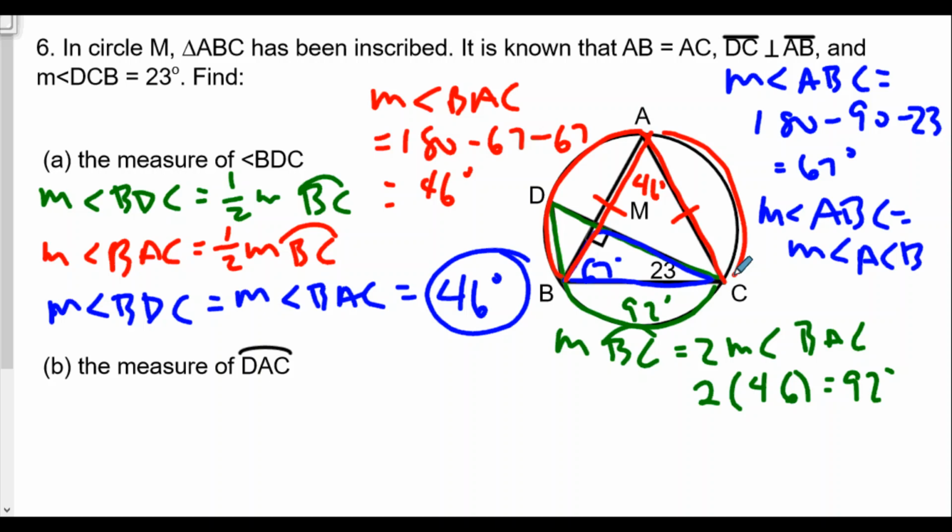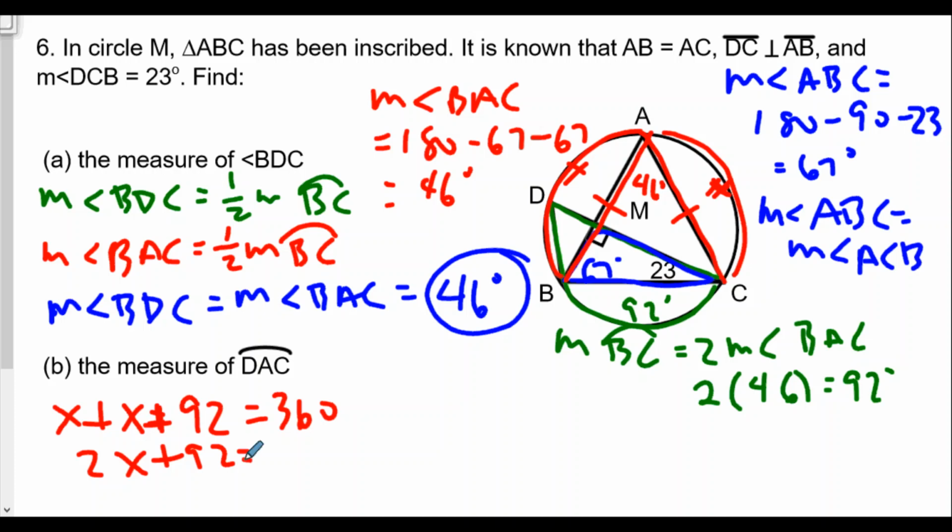So we'll call this X and call this X. All right, so X plus X plus 92 equals 360, or 2X plus 92 equals 360. 2X is equal to 268, which means divide both sides by 2. X is equal to 134 degrees. All right, so what does that mean?